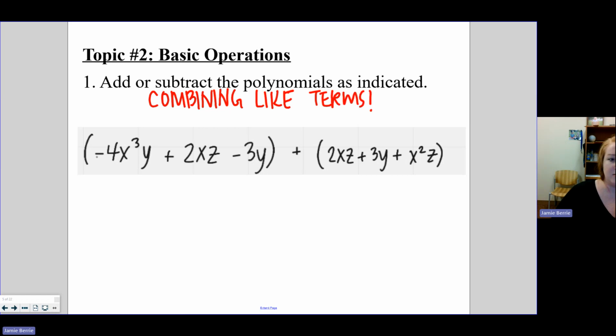All right, so here we have negative 4x cubed y plus 2xz minus 3y, that's in one little set of parentheses, that's its own little group, plus 2xz plus 3y plus x squared z. When you're adding, you can drop the parentheses. So I'm just going to rewrite this. You don't have to.